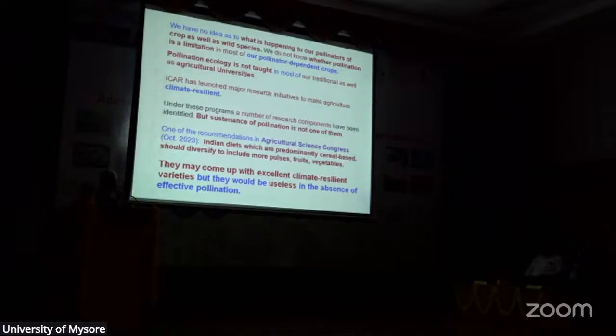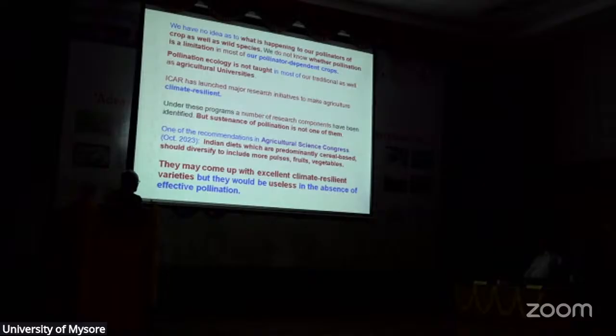One of the recommendations of the Agriculture Science Congress, which was held in October 2023, was that Indian diets, which are predominantly cereal-based, should diversify to include more pulses, fruits, vegetables, and so on. Most of them are insect pollinated. We don't know whether pollination deficiency is there or not.